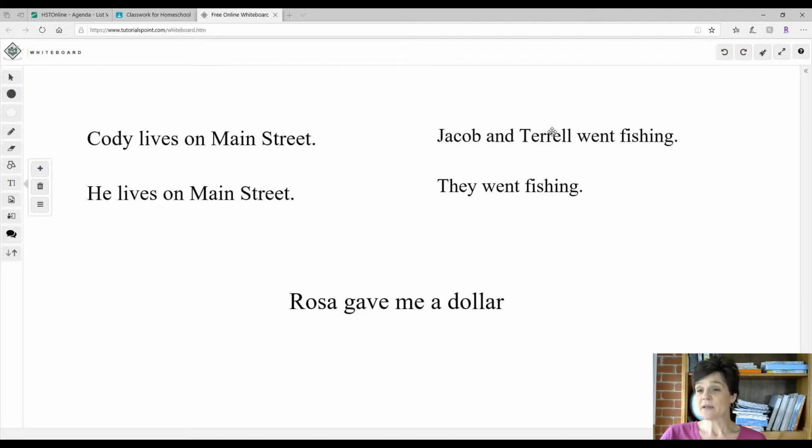So I replace Jacob and Terrell with they went fishing. If you look at the box right above the waterfall, the plural pronouns are we, us, you, they, and them. And you might notice that you is in both of the boxes because you can be singular or plural.